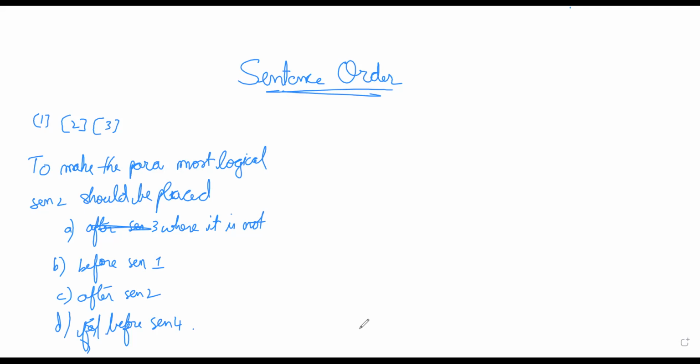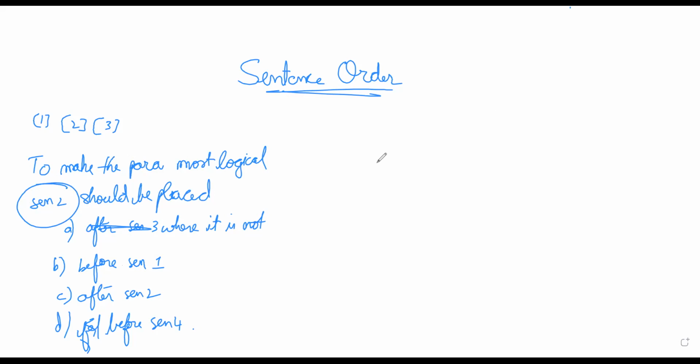Yeah, so I was telling that here, in this logic, how do you identify where exactly you are supposed to place this sentence? Why should it not be placed where it is already placed? So how do you identify that? It's similar to what we understood about adding, deleting, and revising information.